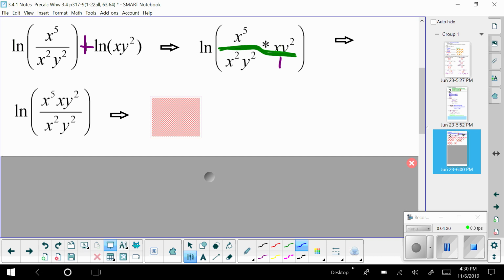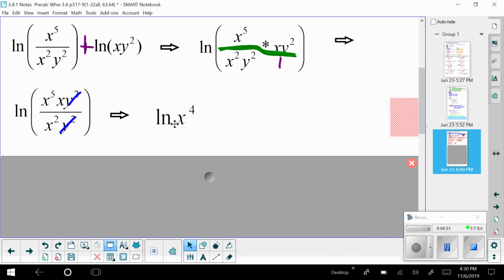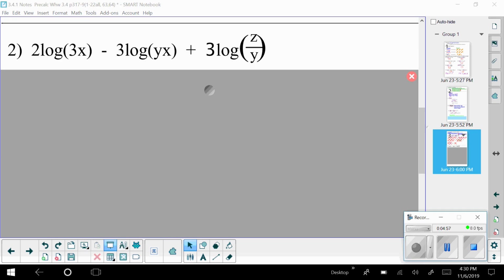And then just start cleaning everything up. Well, the y's are the obvious one to me. I have y squared divided by y squared. Something divided by itself is just 1, so those guys cancel out. And then I have 6 x's in the numerator and 2 x's in the denominator, so those guys can cancel out. We can use the subtraction rule. And my final answer should be the natural log of x to the 4th.